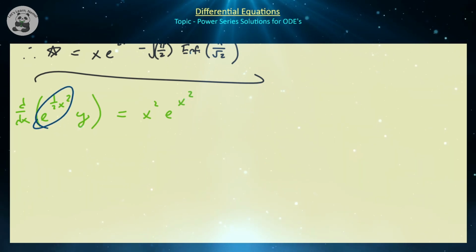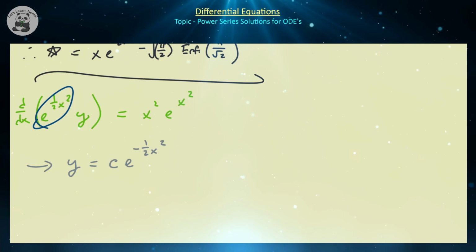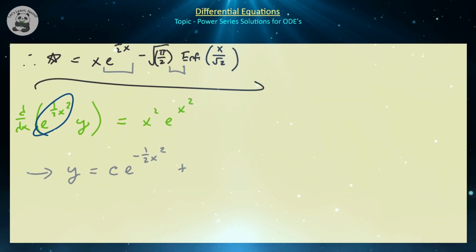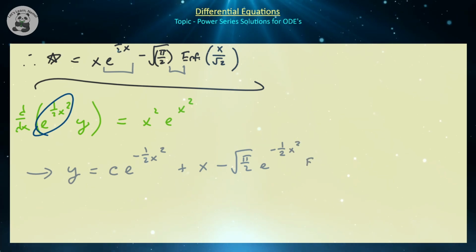So multiplying both sides by e to the minus 1/2 x squared, once we find that interesting representation, we're going to have our solution, at least in general form, equal to y_c e to the minus 1/2 x squared, and then plus, so when we multiply both sides by e to the minus 1/2 x squared, this term will eliminate, and we'll still have that e to the minus 1/2 x squared in front of that erfi function, right? So we're just going to be left with x minus the square root of pi over 2 e to the minus 1/2 x squared times the imaginary error function of x divided by the square root of 2.